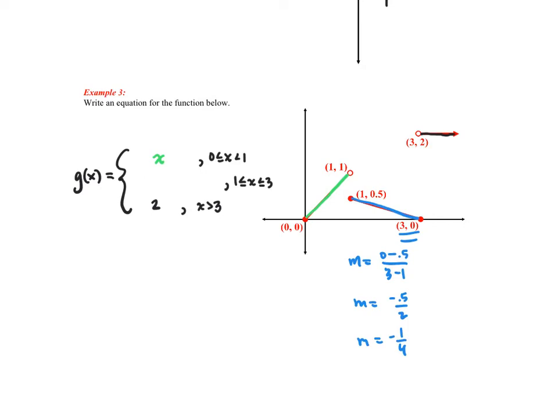Therefore, in point-slope form, I would have y minus 0 is equal to negative 1/4 times x minus 3. And as you can see, this 0 would disappear. It's irrelevant. And I'm going to leave it in this form. You can choose to do so unless instructed otherwise. And there is g of x written in function notation as a piecewise function.